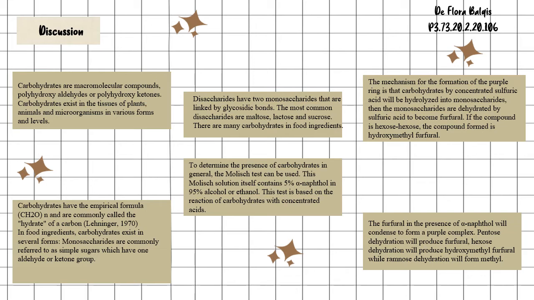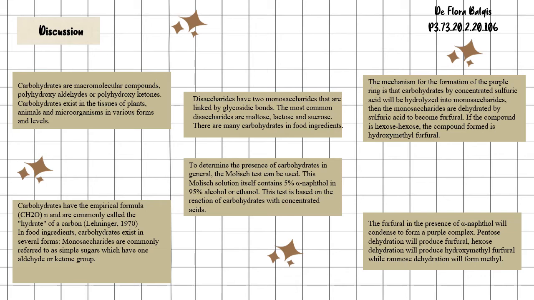Carbohydrates have an empirical formula and are commonly called hydrates of carbon, from Leininger 1970. In food ingredients, carbohydrate exists in several forms. Monosaccharides are commonly referred to as simple sugars, which have one aldehyde or ketone group.